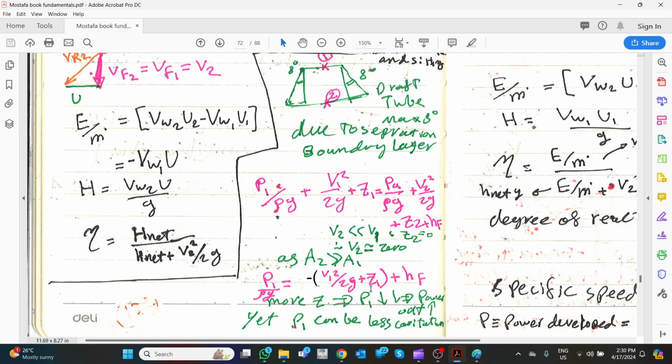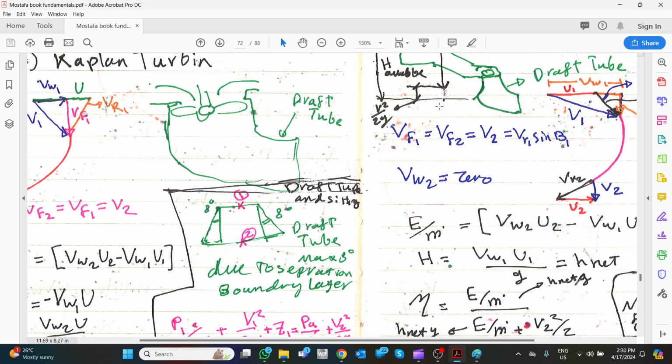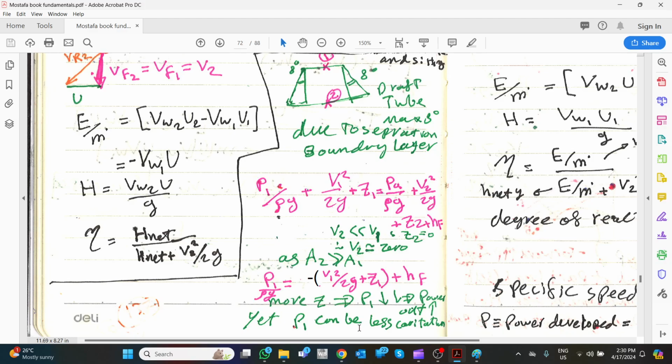But if we kept Z1 at infinity, which means the height of the turbine is very big, it will give us less and less pressure, which can reach cavitation. So there is a limitation. Yes, we can do it, but till the limitation of the cavitation.